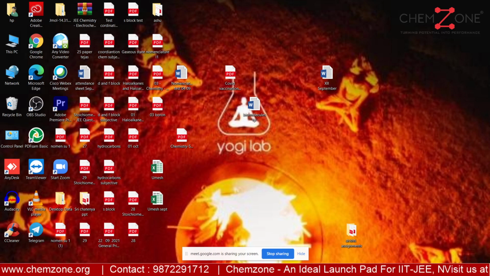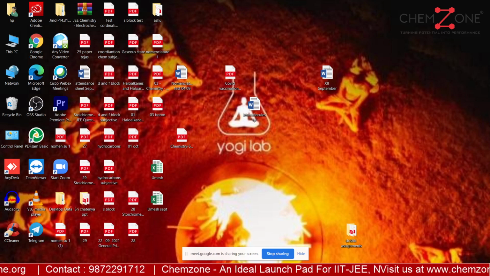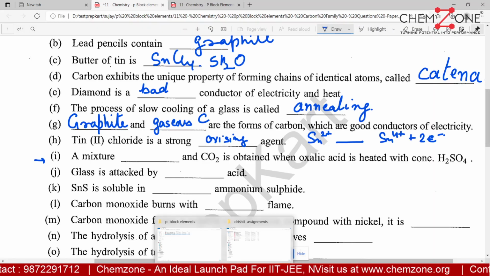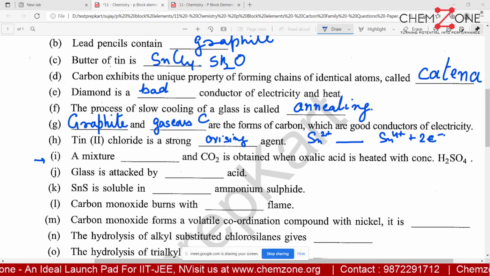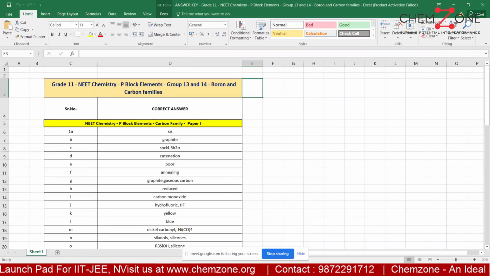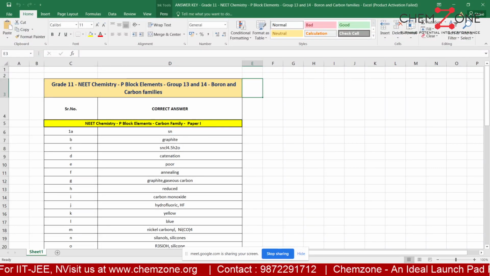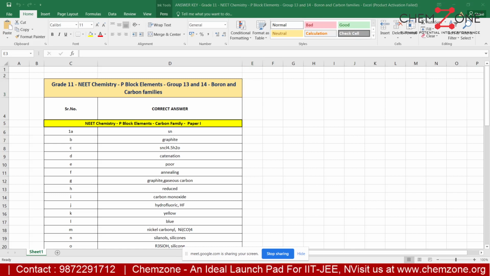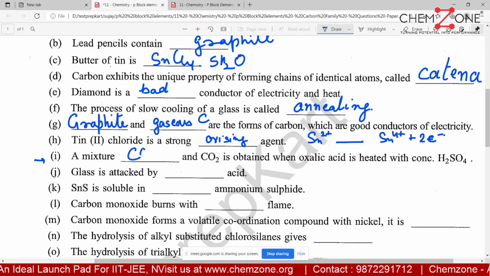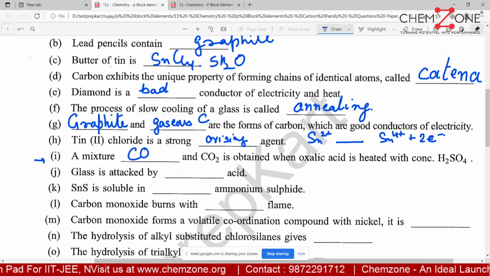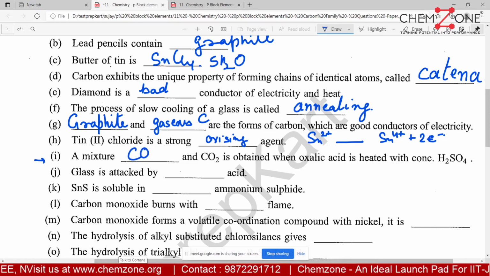Carbon monoxide and carbon dioxide are obtained when oxalic acid is heated with sulfuric acid.